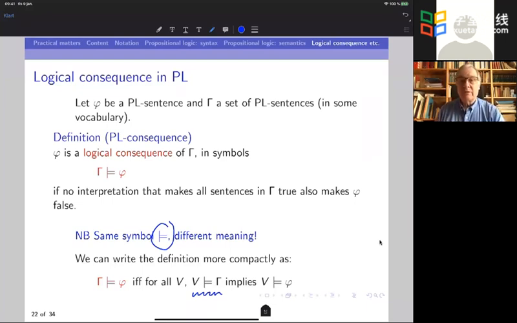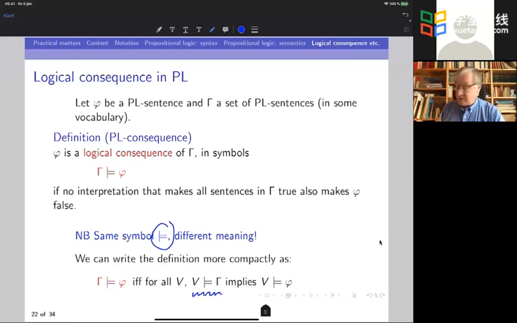Okay, so let me go back to logical consequence. You have the definition on this page, and this is the basic logical notion, I would say, because logic, in a sense, is about consequence. It is about what follows from what. And here we have a precise definition of that in propositional logic.